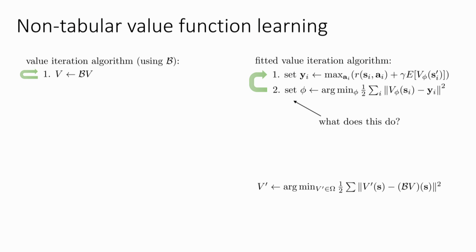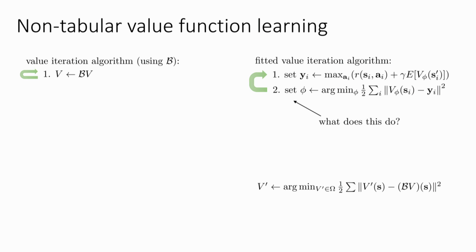So you can think of your training data as being the backed up version of your previous value function, and what you're doing is you're searching for some other value function in some set that minimizes this difference. So here, when I write v and v prime, these you can think of conceptually as big vectors with numbers for every state.